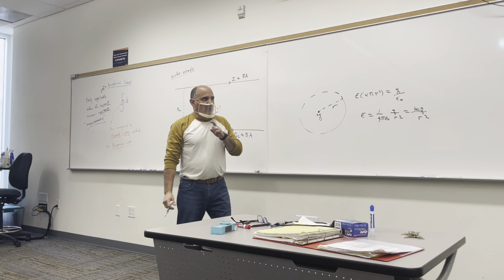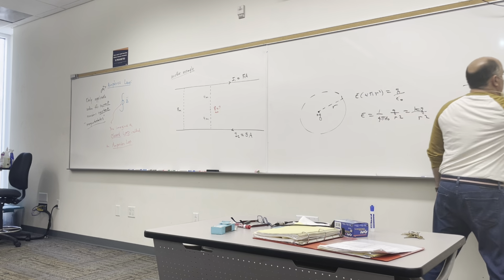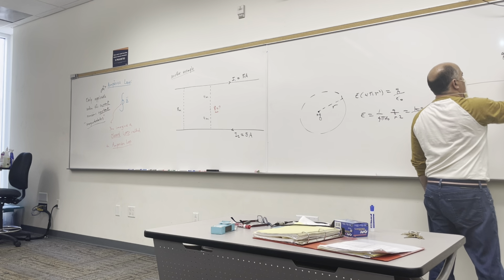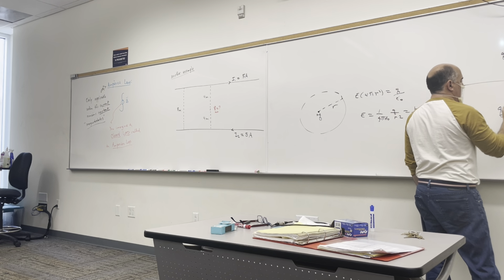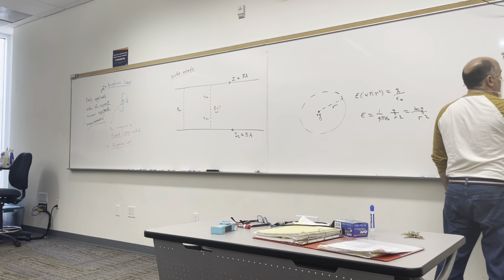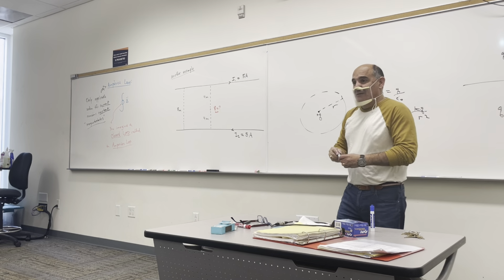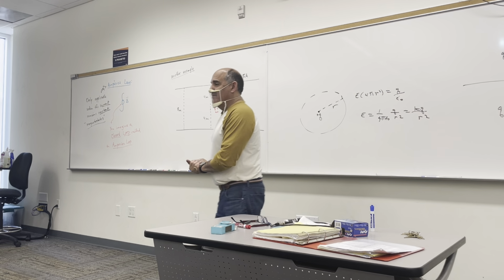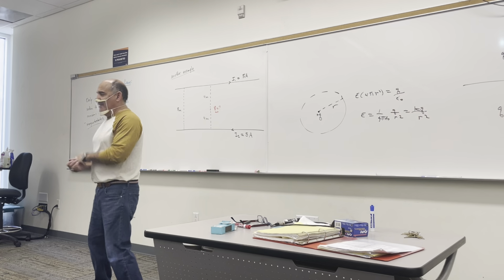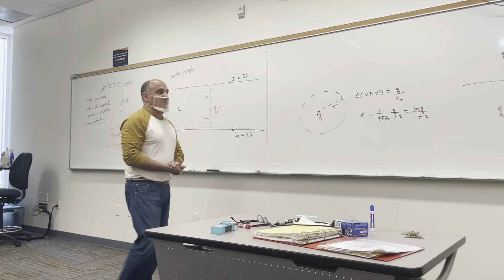Now, when you were given a problem with two point charges, let's say one here and another one there, some distance A, maybe. And the question was, what's the electric field over here? Did you use Gauss's law to do that? If you had two point charges, did you use Gauss's law? No. What did you use?